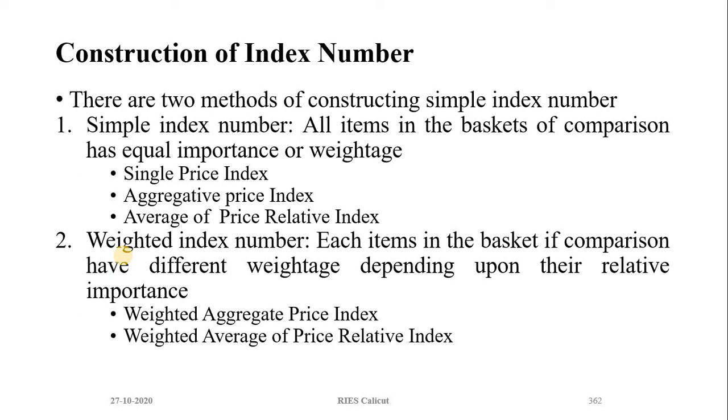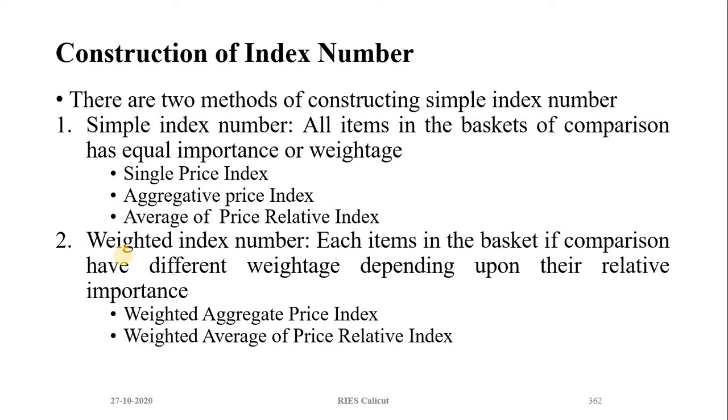In the first model, the simple index number, we consider that all the commodities included in the commodity basket have equal importance or equal weightage. Whereas in the weighted index number, the commodities included in our comparison basket have different weightage or different roles depending upon their relative importance.